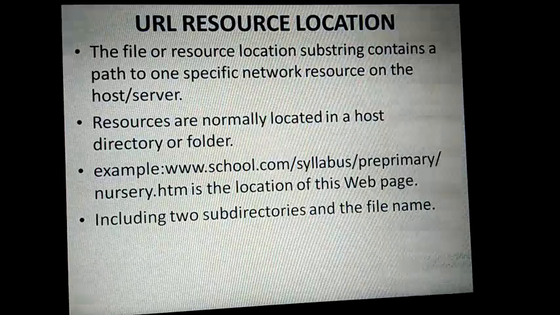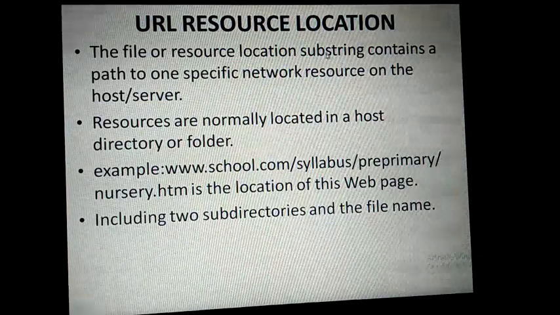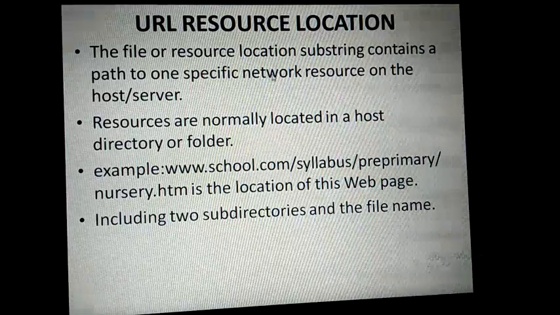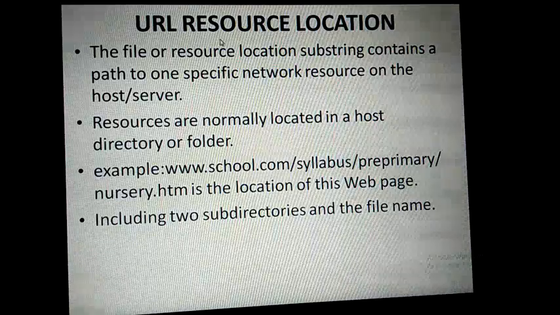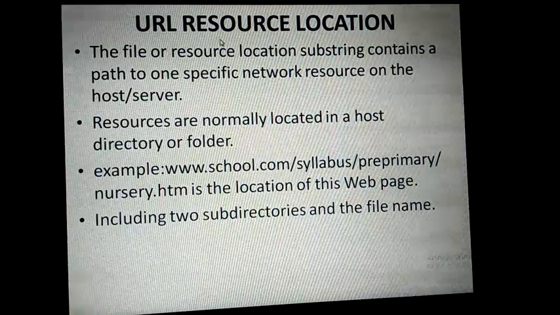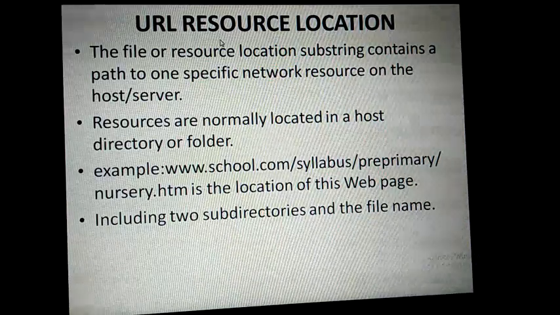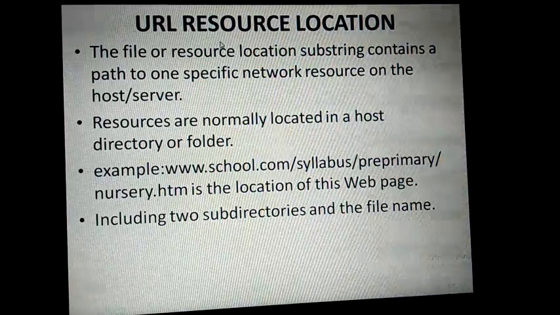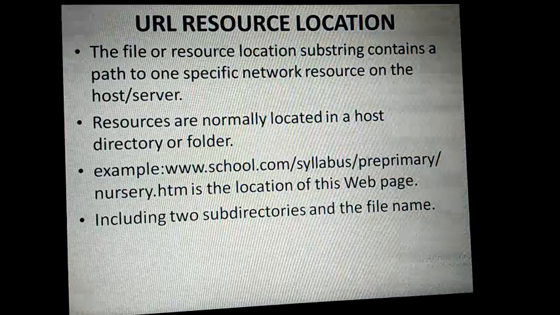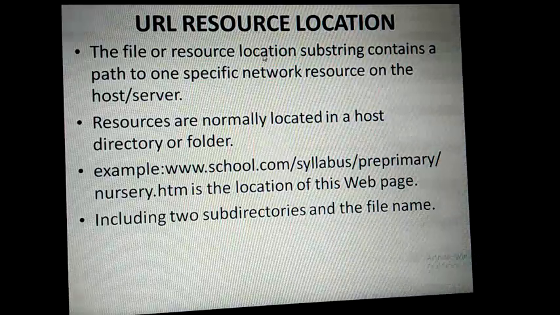URL resource location: the file or resource location substring contains a path to one specific network resource on the host or server. It means the actual location of the file. For example, if a website consists of 100 pages and you want to retrieve the 80th page, you give that page's file name, which is the file or resource location substring.